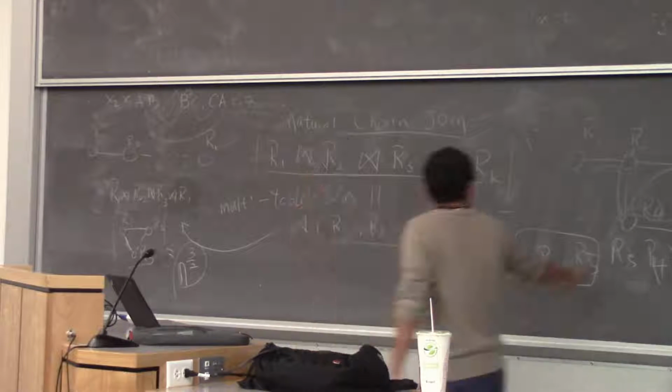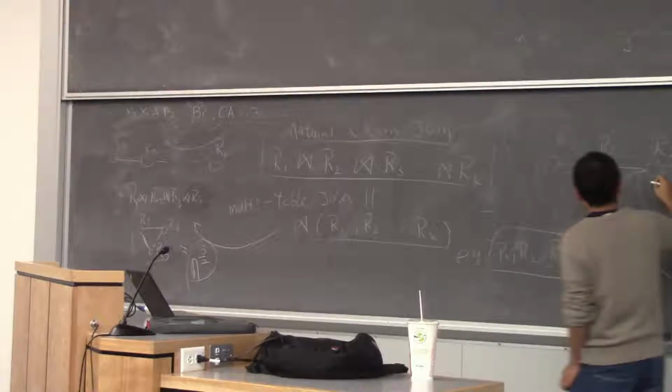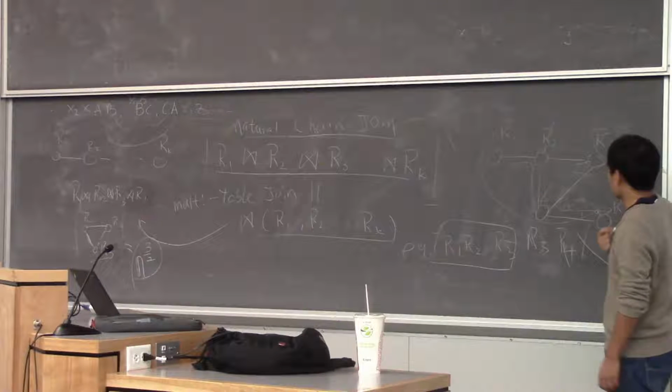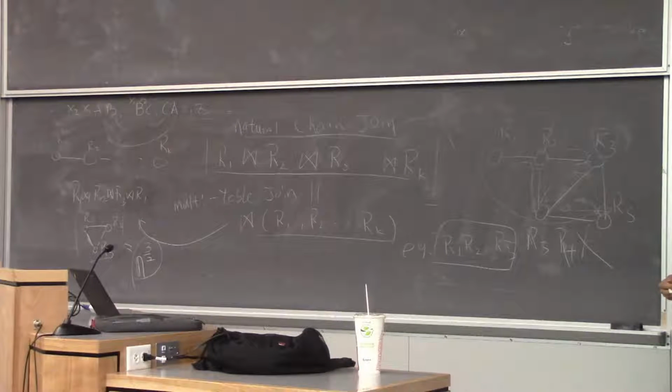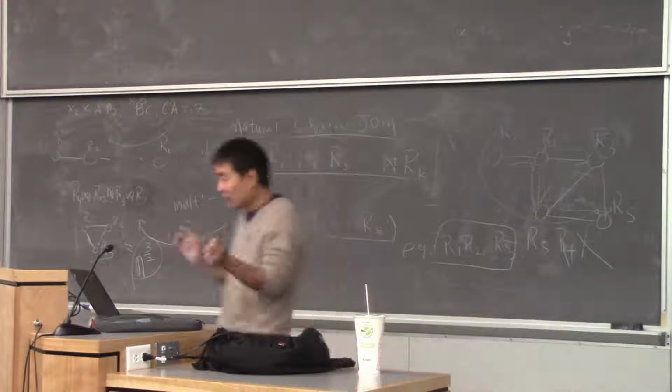What about a general join like this? Or even cycles, right? This quickly becomes, as we can tell, a very challenging problem. So we're not going to talk about this.